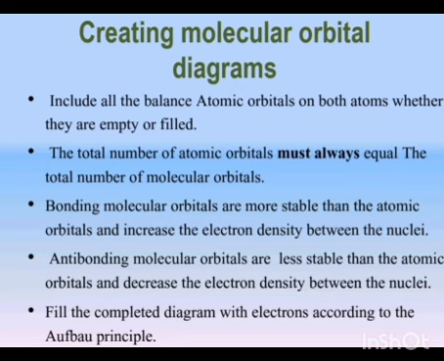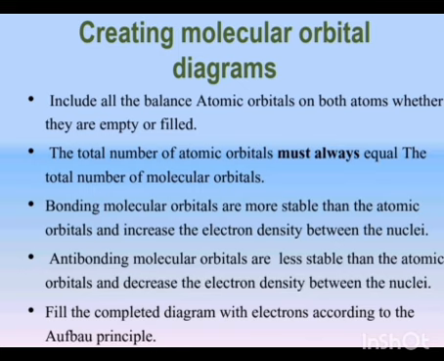In this, we can draw the diagram by considering some points. First point, include all the valence atomic orbitals on both atoms, whether they are empty or filled. Next point, the total number of atomic orbitals must always equal the total number of molecular orbitals.